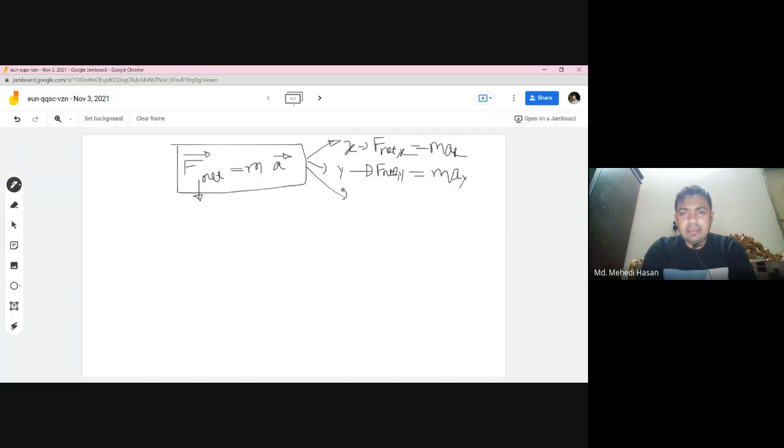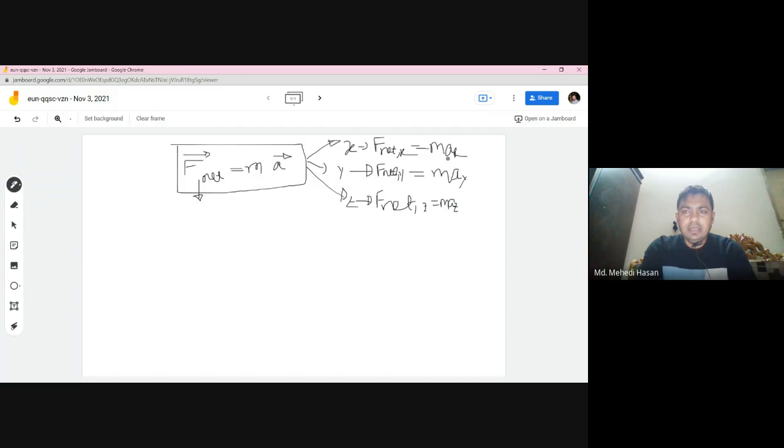And finally, along the z-axis, the net force along the z-axis is equal to m a_z. So these are the three components of the equation. These are the basic equations you have to use.